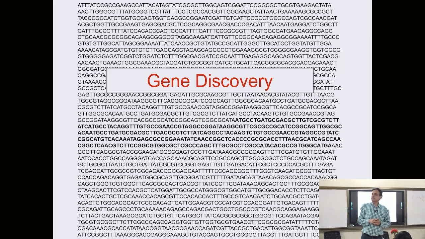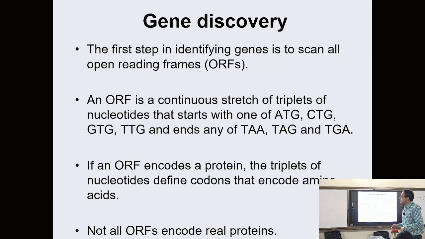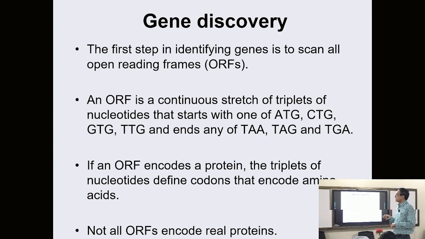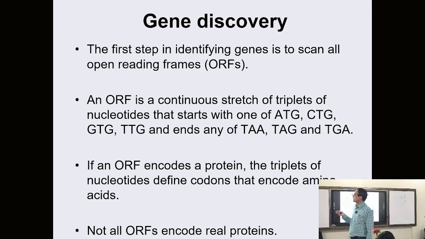So the gene finding problem is formulated as discriminating the protein coding open reading frames from non-coding open reading frames. Of course, what nature has provided, that is the hints, are used, but more has to be done. Otherwise, it won't be a computational problem. So the first step in identifying genes is to scan all open reading frames, and I defined the open reading frame.